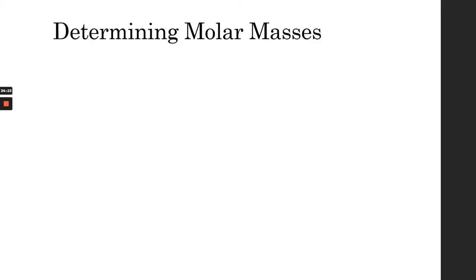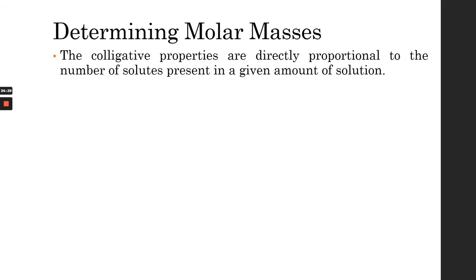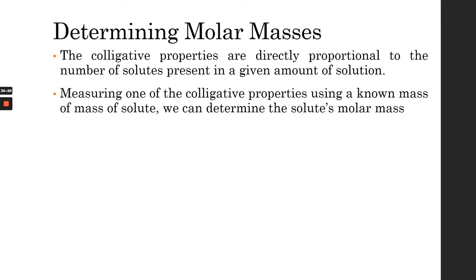Next, another thing that we can do with the colligative property is to determine the molar mass. So meron mga problem na kayong kanina, binigay sa atin yung molar mass. So paano kung hindi binigay yung molar mass? Using the data that we have in the colligative properties, since it is directly proportional to the number of solutes present in a given amount of solution, we can actually use those colligative properties data and the mass of your solute.